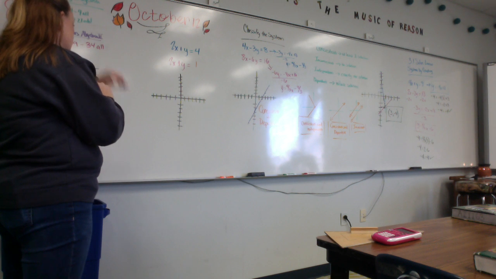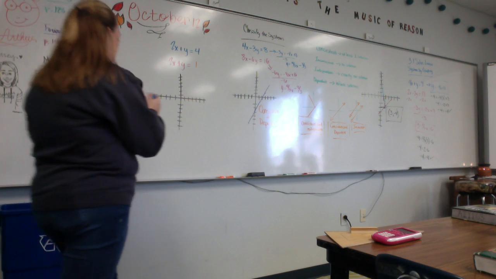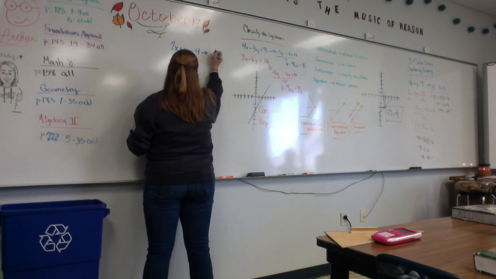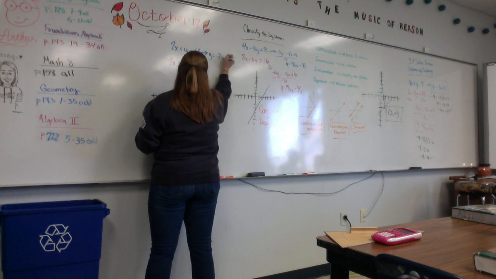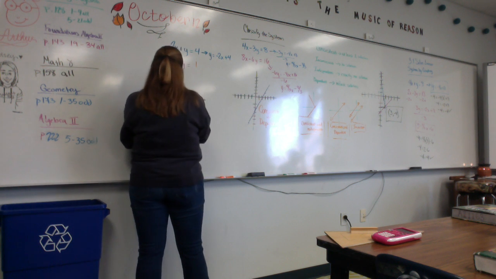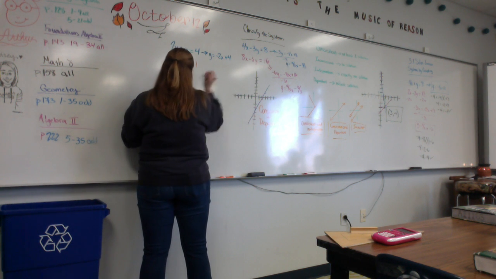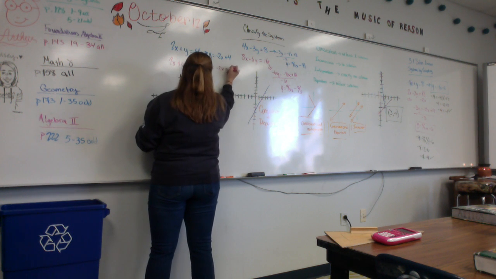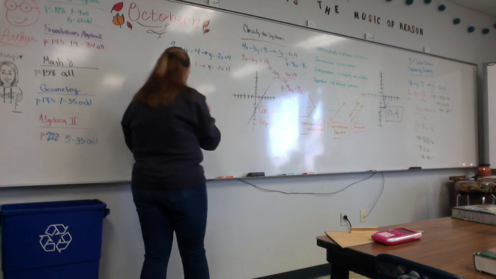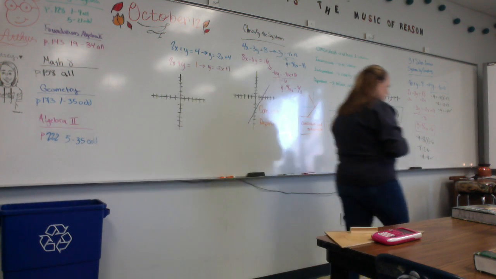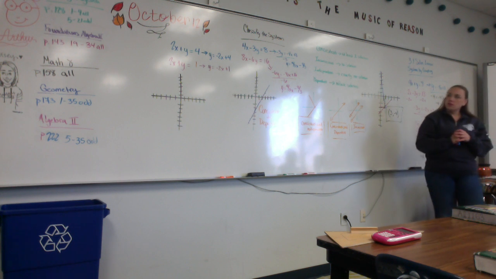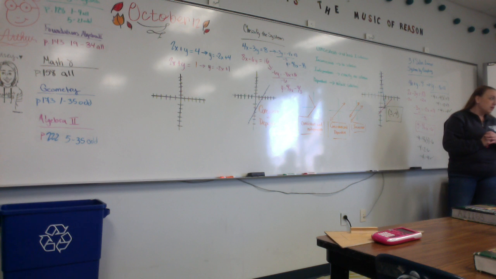So on the next one, what do I need to do before I can graph these? Get y by itself. So this one's going to say y equals negative 2x plus 4, and this one's going to say y equals negative 2x plus 1. What do you notice about those equations right away? They have the same slope.